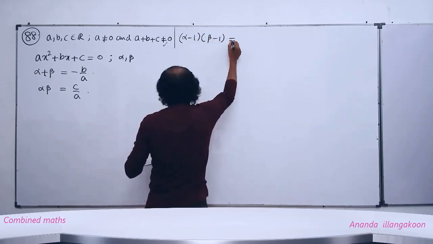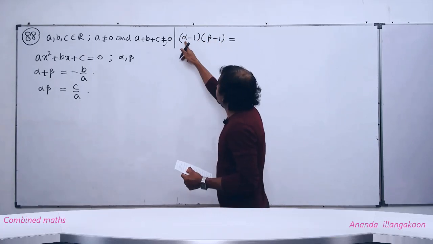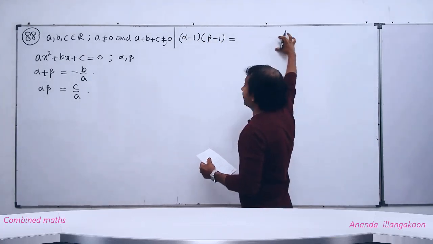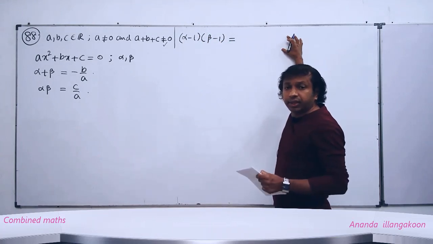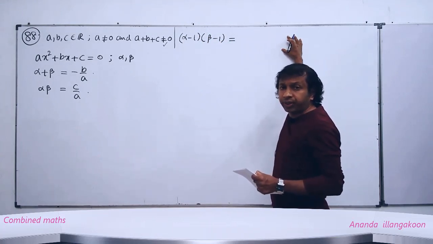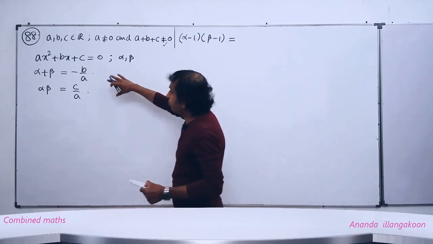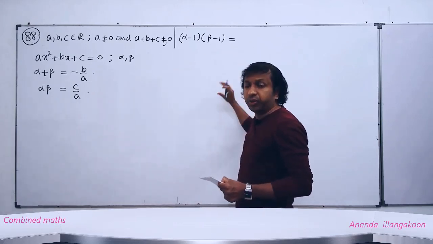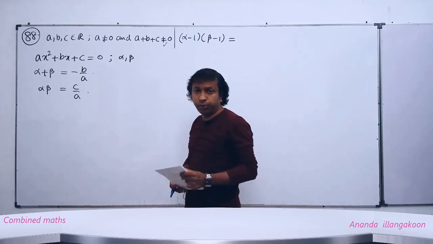Remove the brackets first, then collect the terms alpha plus beta together and alpha beta separately. For alpha plus beta substitute this, for alpha beta substitute this, and keep simplifying; you get this answer. Try that, I'll give you 2 minutes.